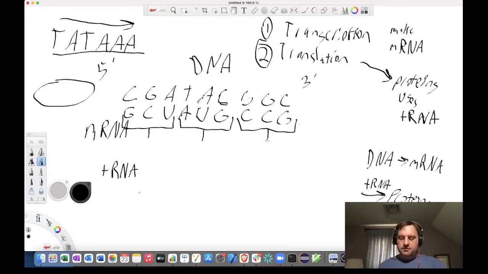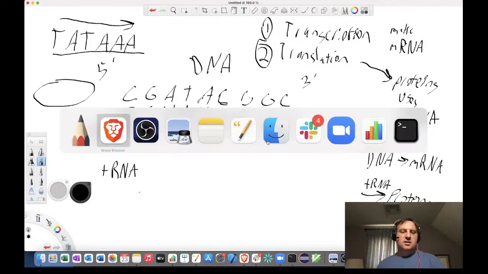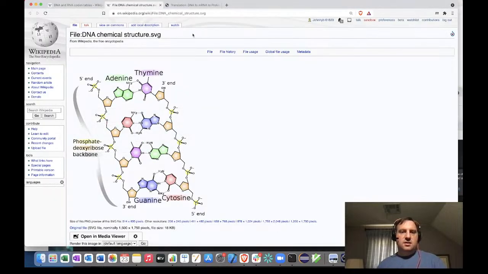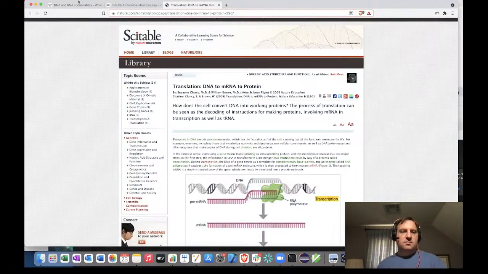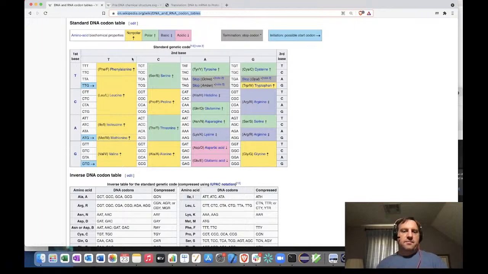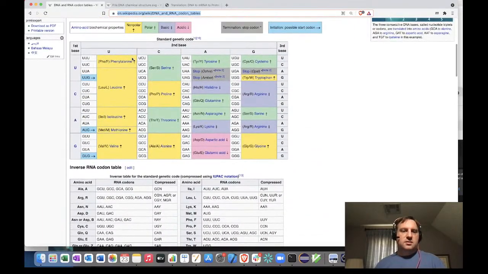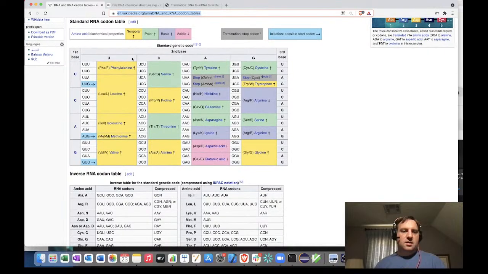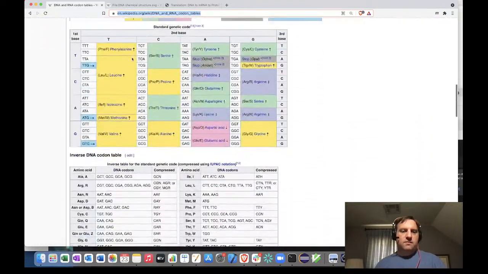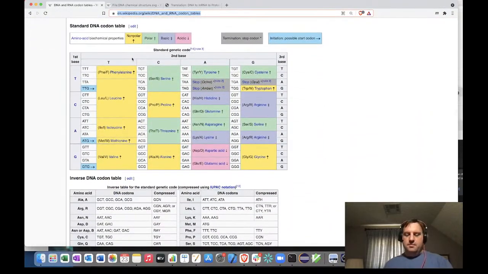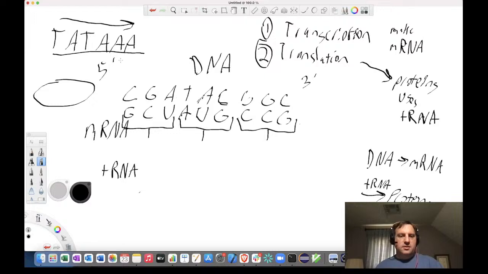So for example, let's go to my DNA table to figure out what these translate into. So we'll go from the DNA table. What do you start out with?